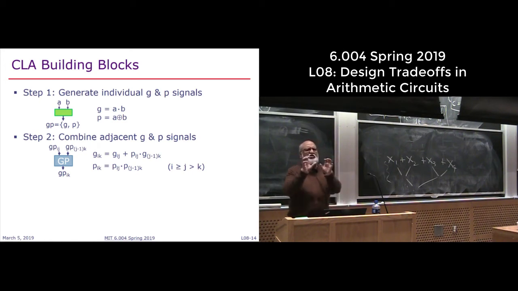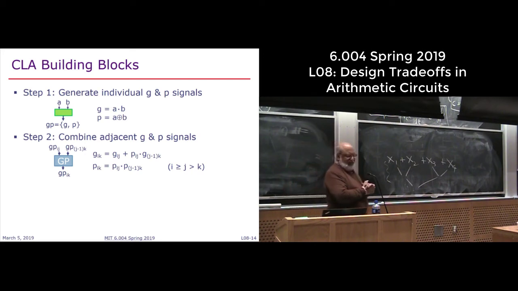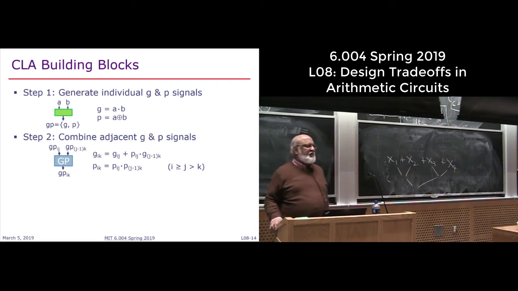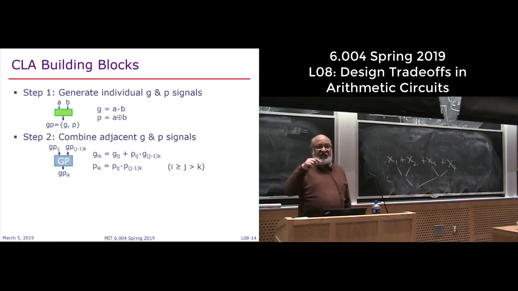But we only do it to adjacent things. So that numbering here is showing, I can't read it that far. Suppose this higher order stuff is from I to J. Then the lower order stuff must be from J minus 1 to K. J better be between K and I.